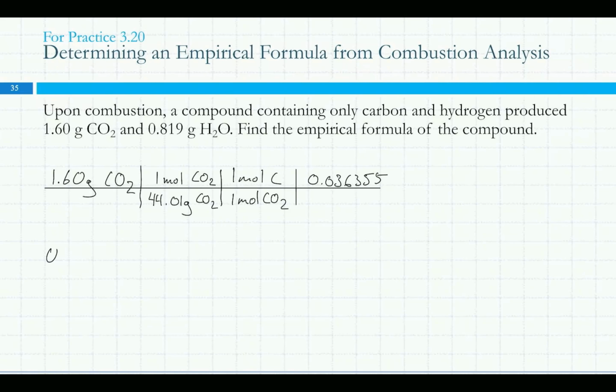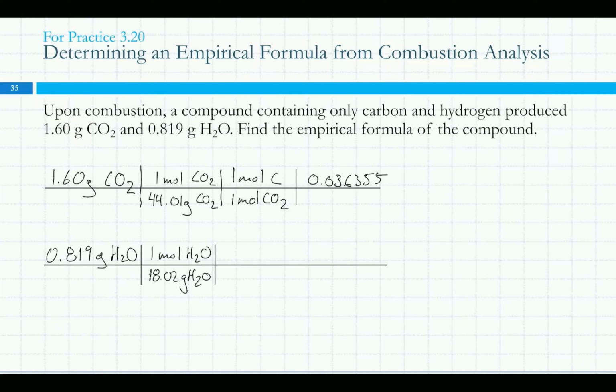And then we can do the same sort of thing for water to get the moles of hydrogen. This is going to be 18.02. But what's the mole ratio of hydrogen to water? 2 to 1.